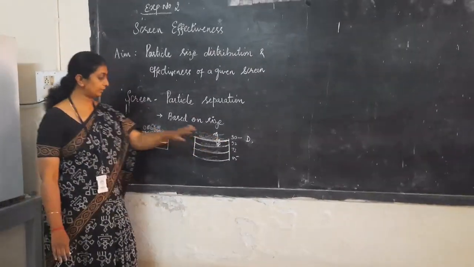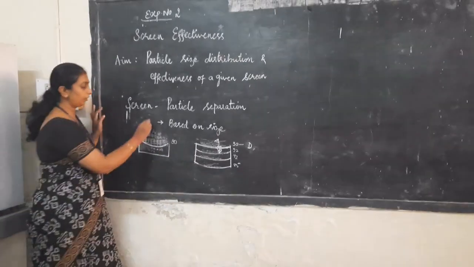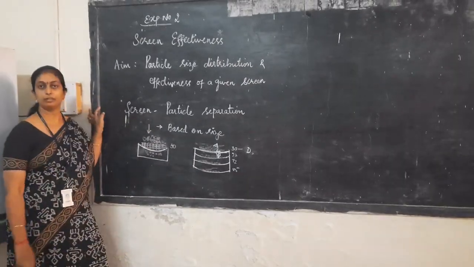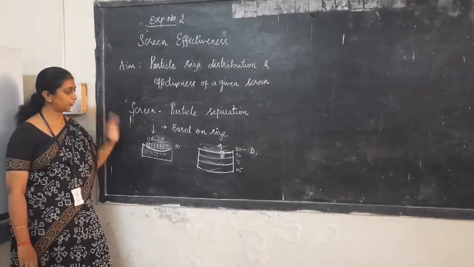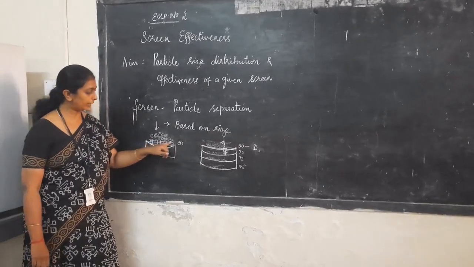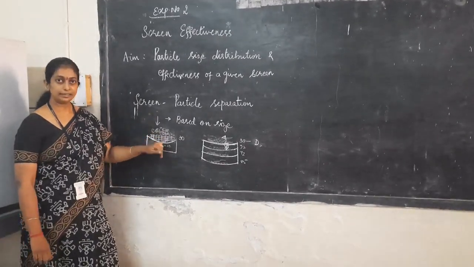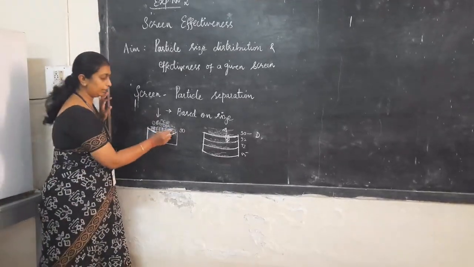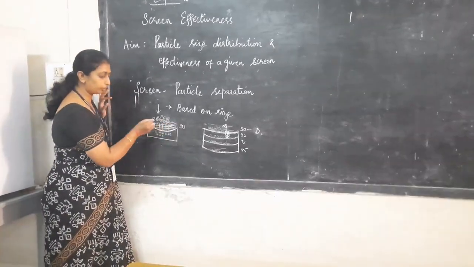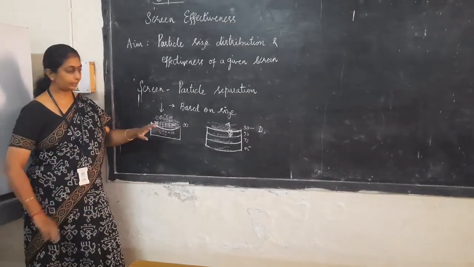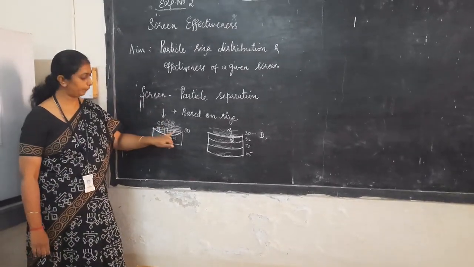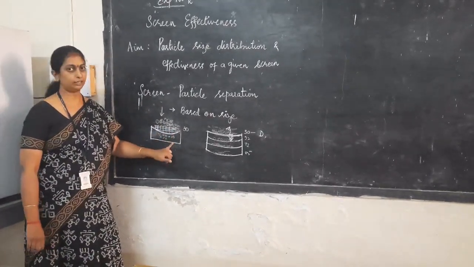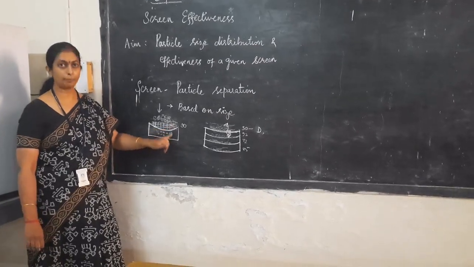If we consider one single screen over here, I have the feed, or say the particles or solids, passing onto this mesh. Depending on the opening of this mesh, this screen should be capable of retaining particles bigger than the opening on the upper side, and all the particles smaller than the opening should be allowed to pass through.